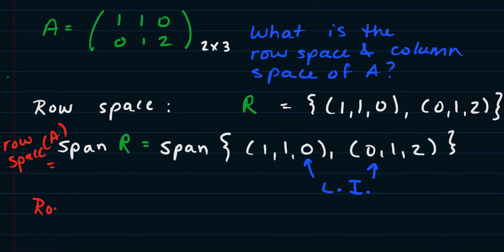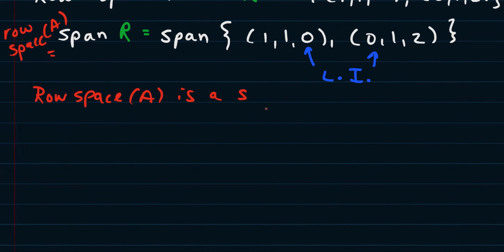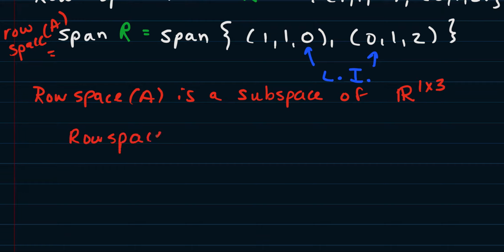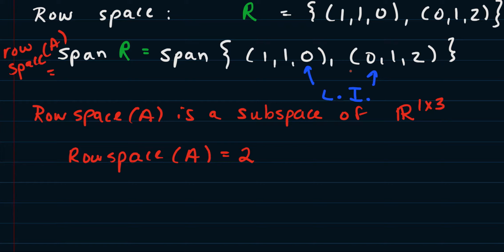The row space is a subspace of R 1 by 3. And the row space has dimension 2 because we found two vectors that are linearly independent and span our row space.